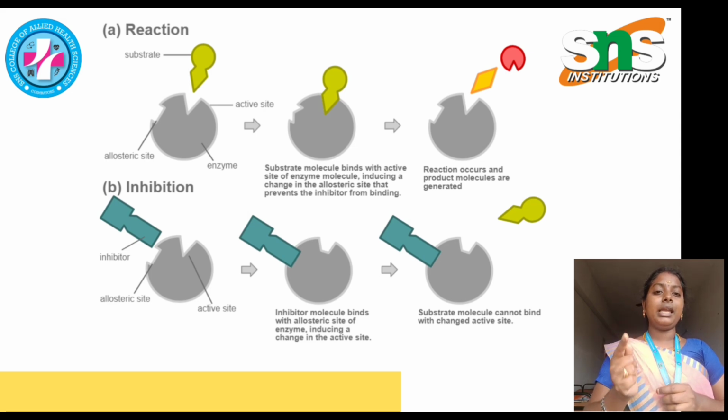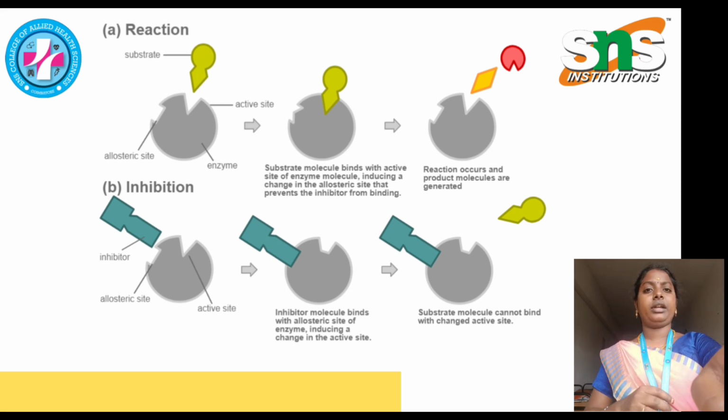You can notice the active site shape is in a V form, and after binding of the inhibitor it forms a U instead of a V. The substrate has a different shape from the enzyme's active site, so it can no longer bind. This is the example of non-competitive inhibition.